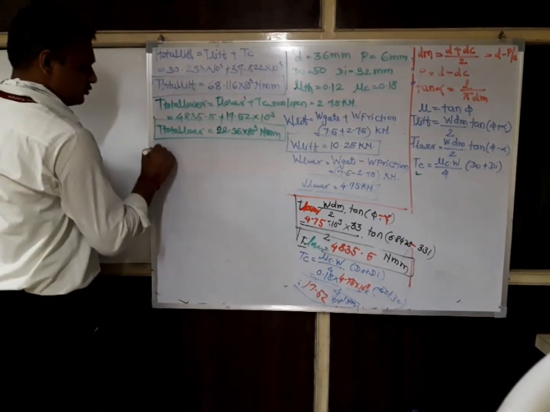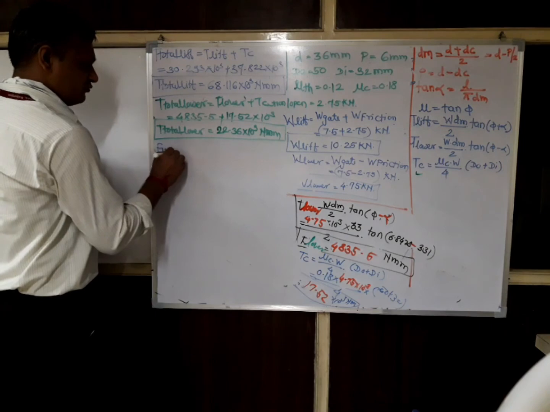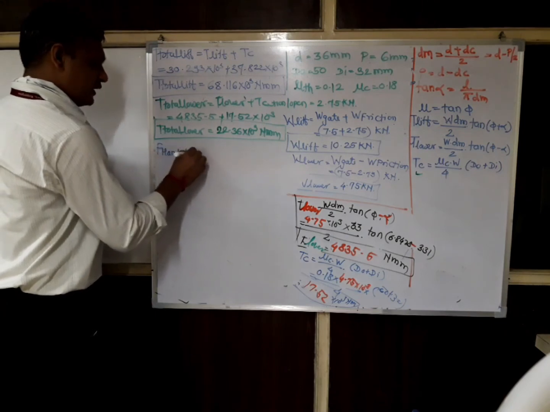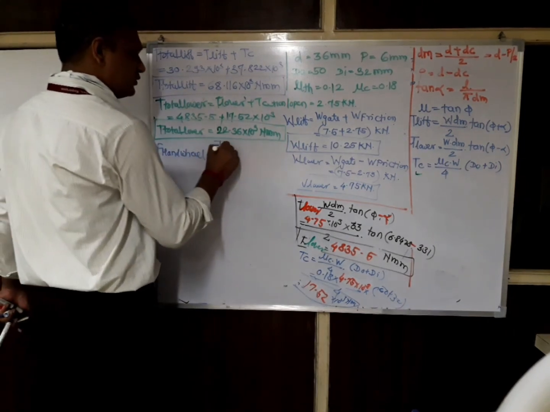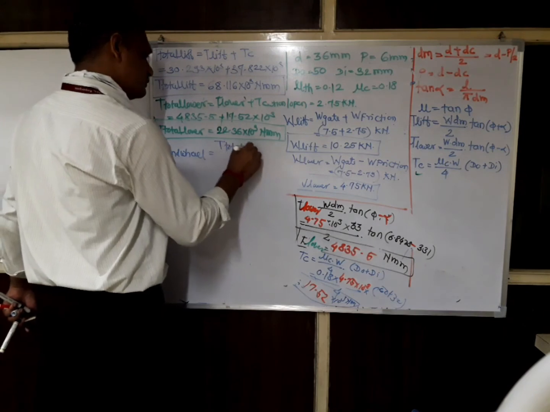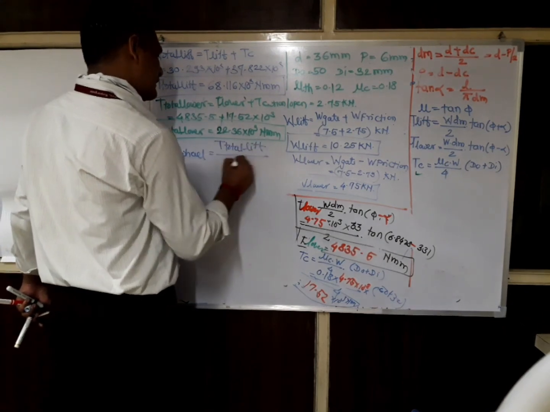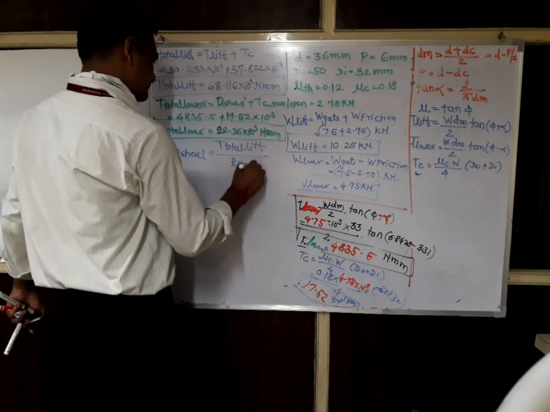Now the force required at the end of the hand wheel will be evaluated as T total lift divided by the radius of the hand wheel.